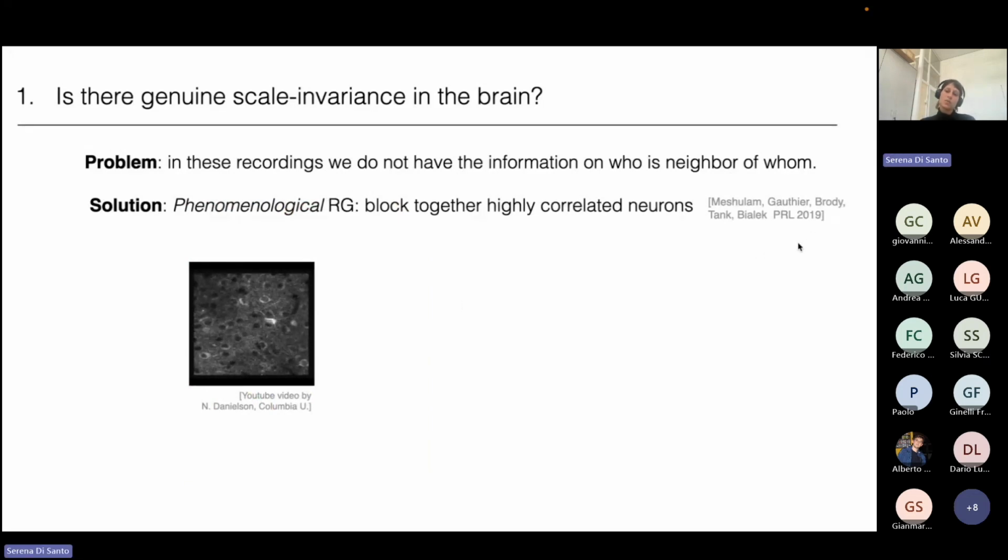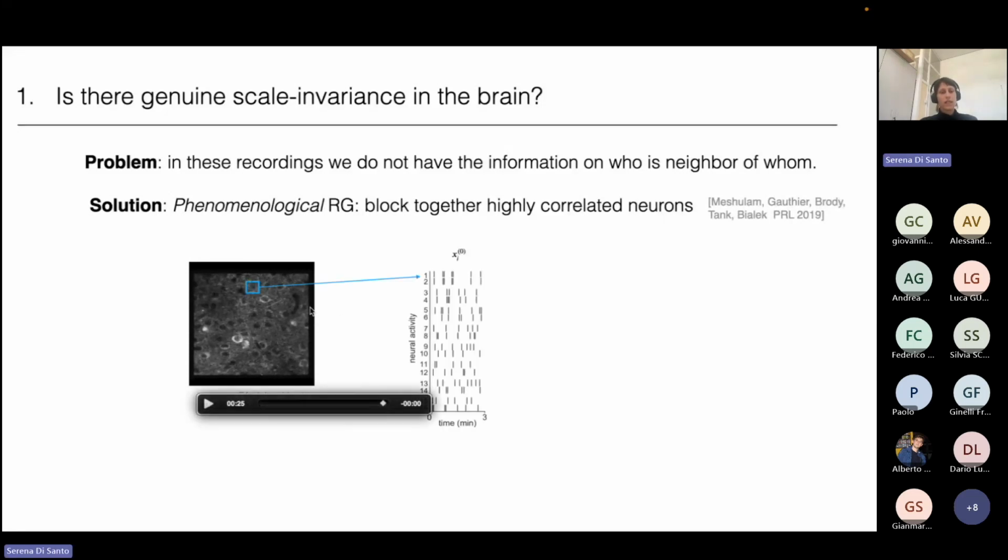To solve this problem, Meshulam and colleagues in the group of Bill Bialek proposed this phenomenological RG scheme, which consists in, instead of blocking together neighboring units, blocking together highly correlated neurons. So in this case, we don't need the information of the J_ij, the underlying network.